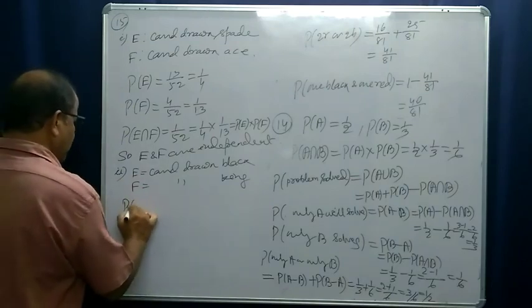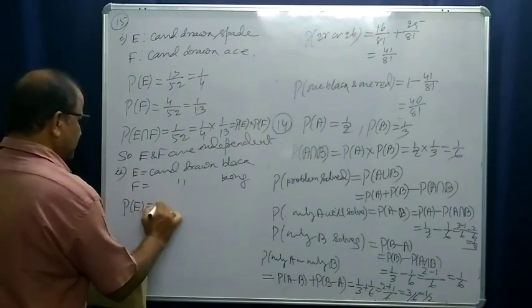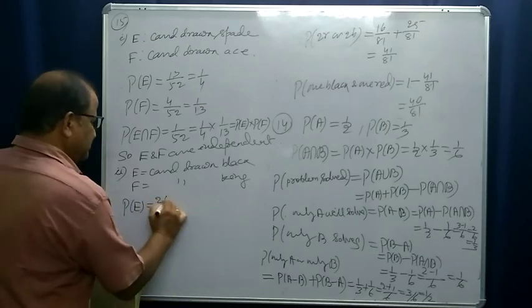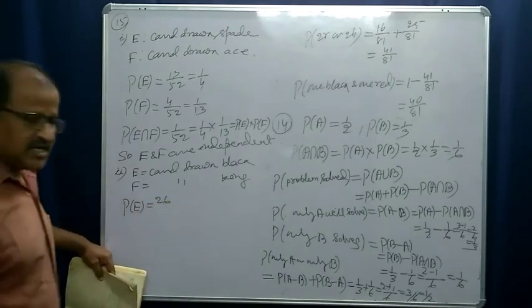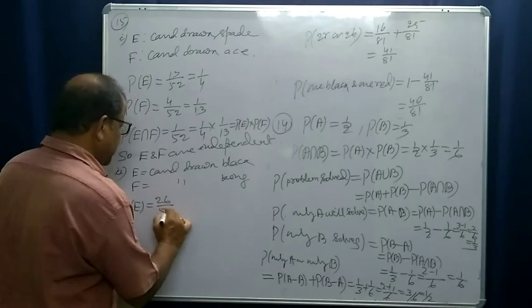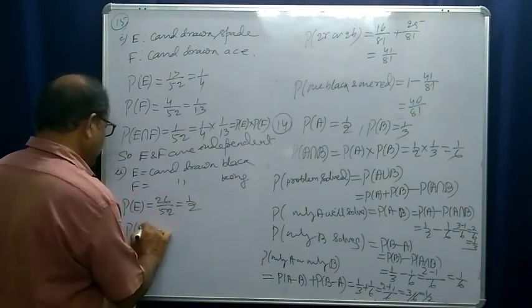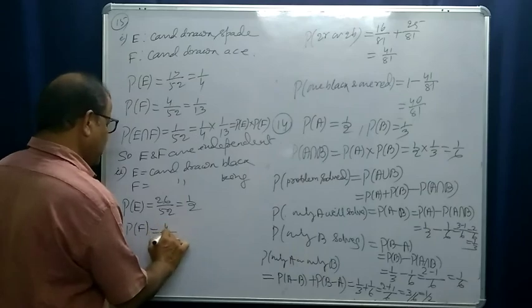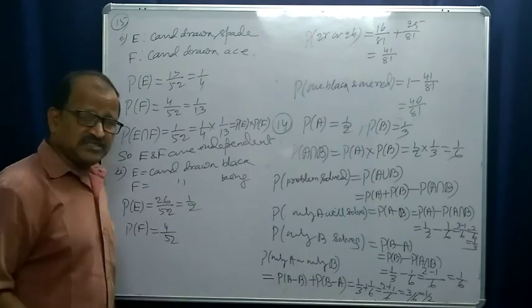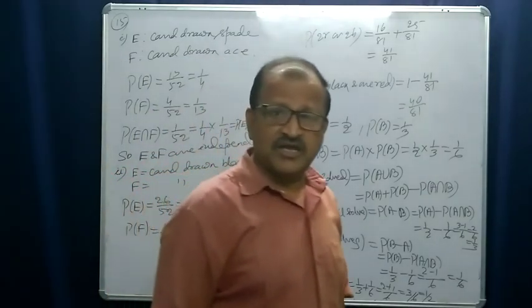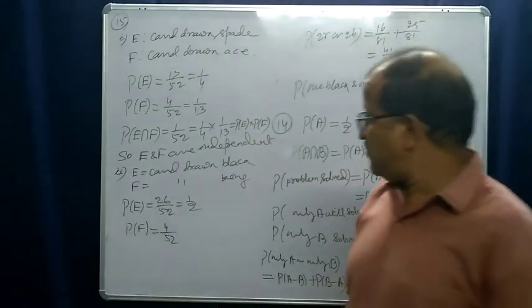Probability of E: how many black cards are there? 26 black cards and 26 red cards, so it is 26 by 52, that is 1 by 2. Probability of F: how many kings are there? 4 kings, so probability of getting a king is 4 by 52.